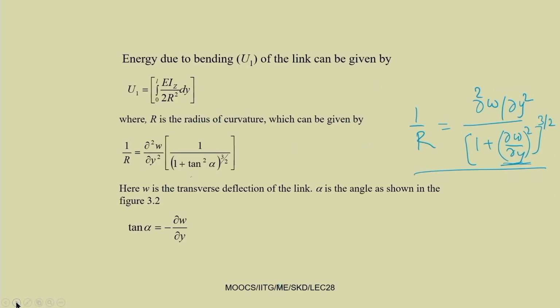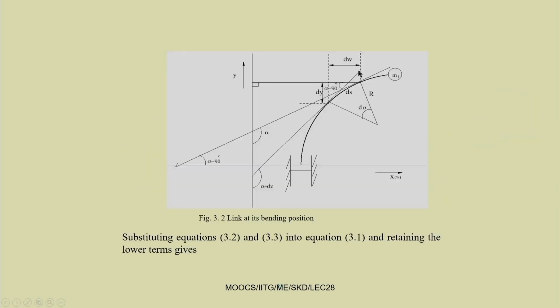I have shown the figure previously, this is the figure. In this figure you just see this is the deformed beam. In the case of the deformed beam, we can take this as the y direction, this is the x direction and this is del w.